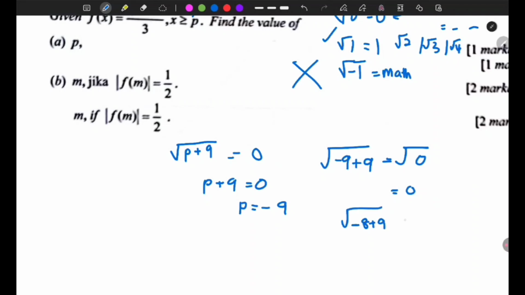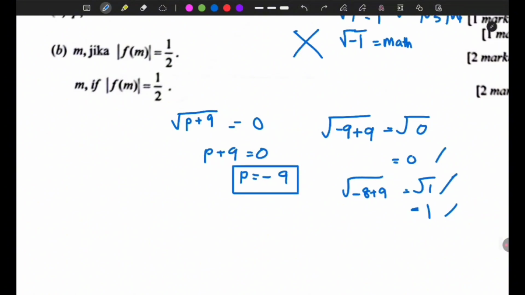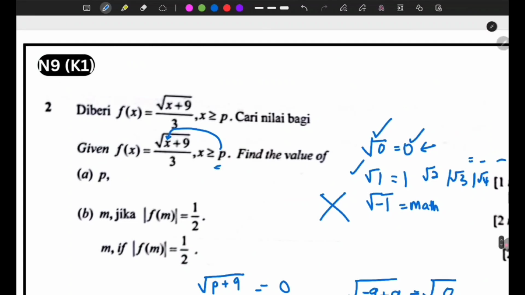Negative 8 plus 9, you'll get square root 1. Then you see it's 1. It's a positive number. So the P should be equals to negative 9, because it either can be a 0, which is a neutral number, or more than that, to a positive number. It cannot bring a negative number. So the P must be equals to negative 9.